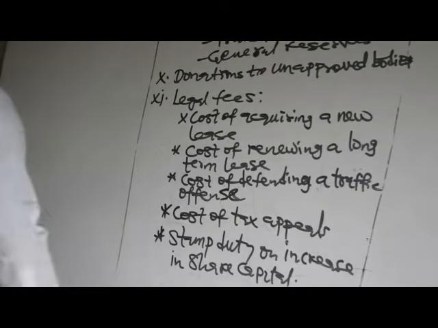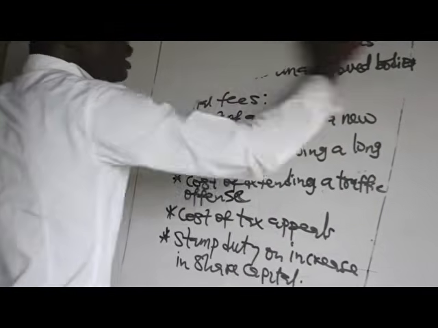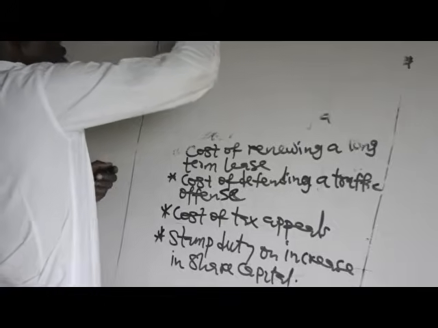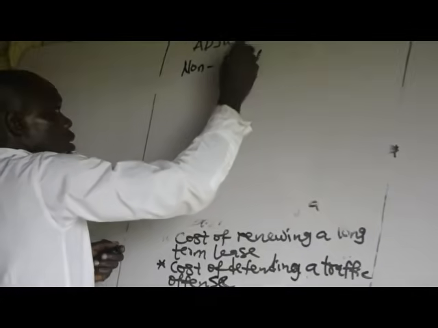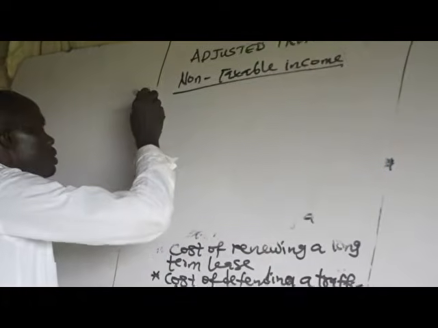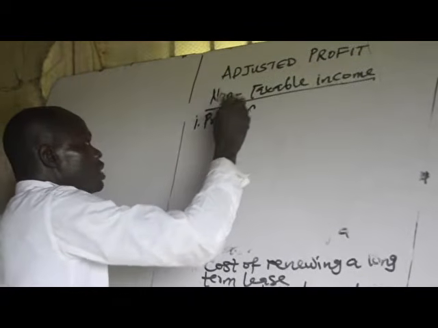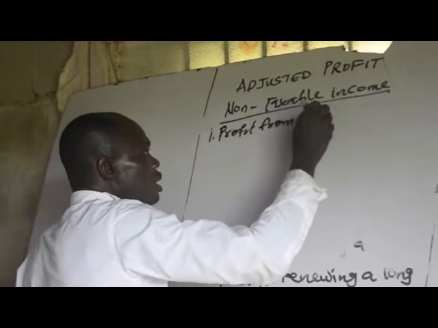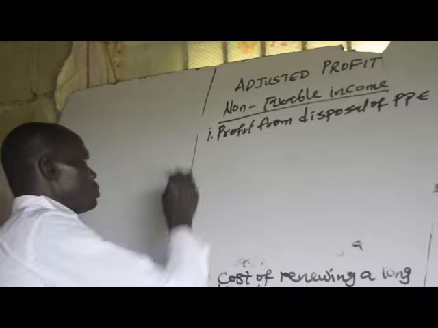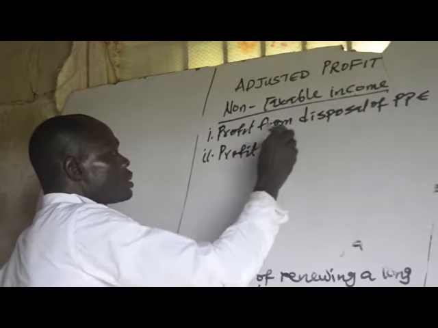Now, we also have non-taxable income. We have profits from disposal of PPE, property, plant and equipment. 2, profit from sales of investment.